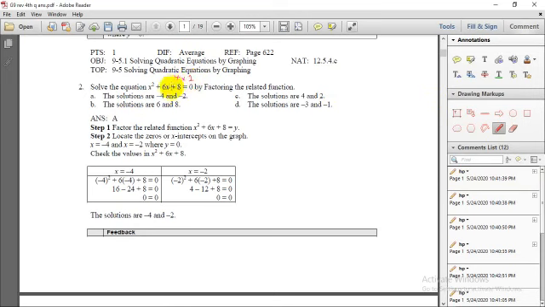If I have plus, that means I will take the sum of the two numbers. If I add 4 and 2, it gives me 6, the middle term. Yes.